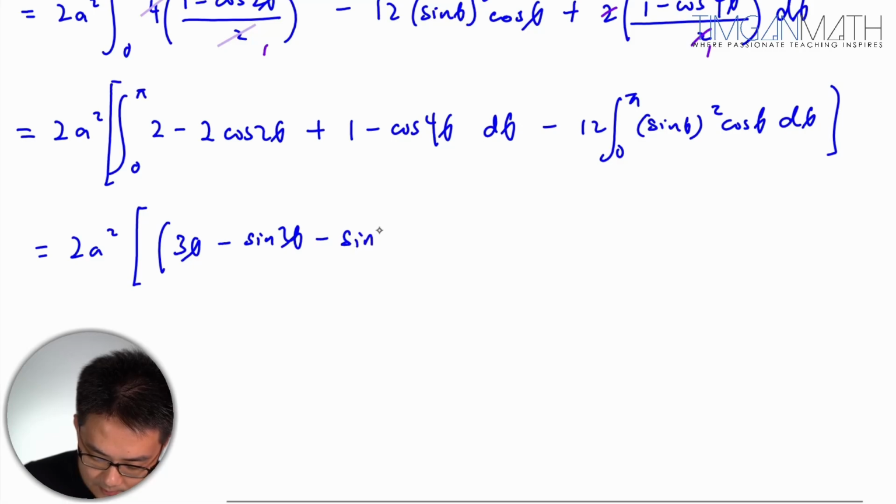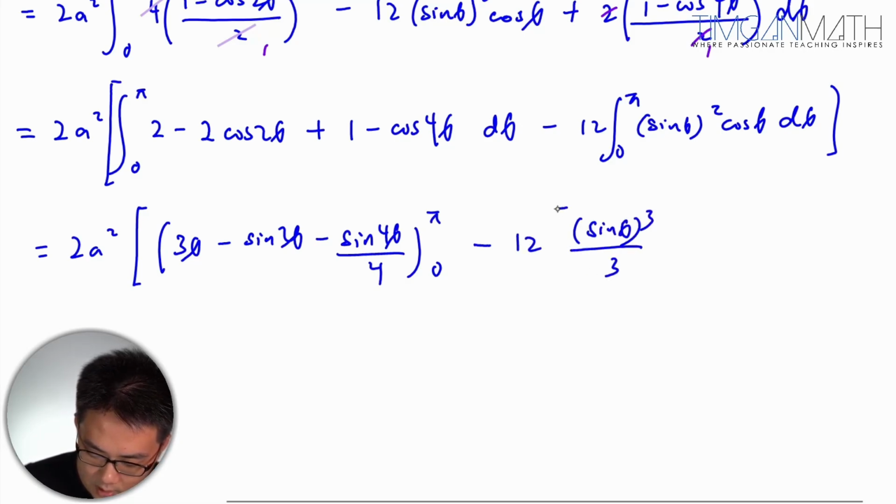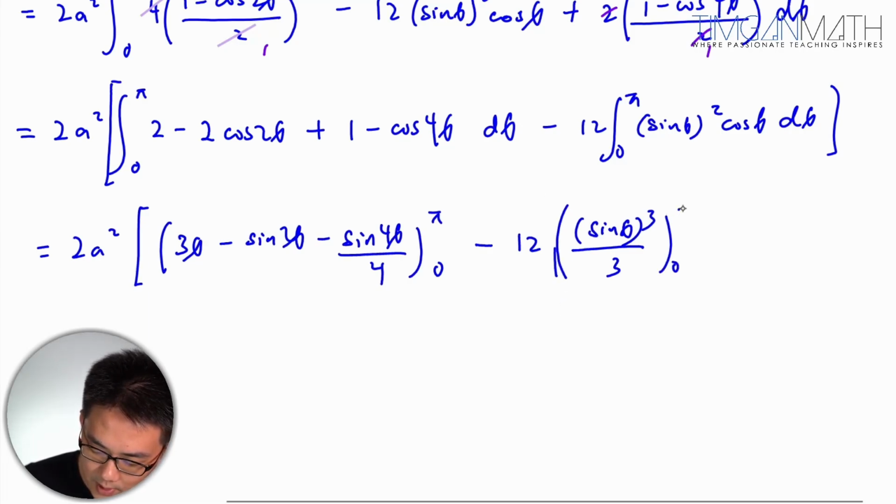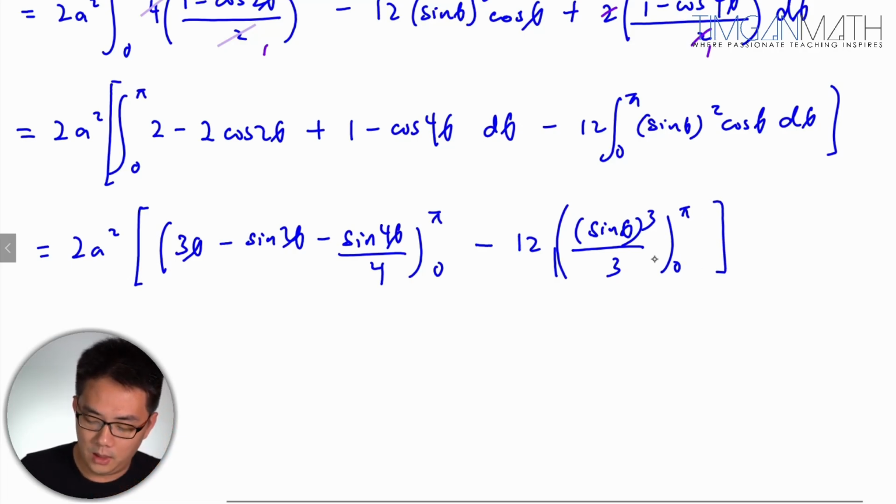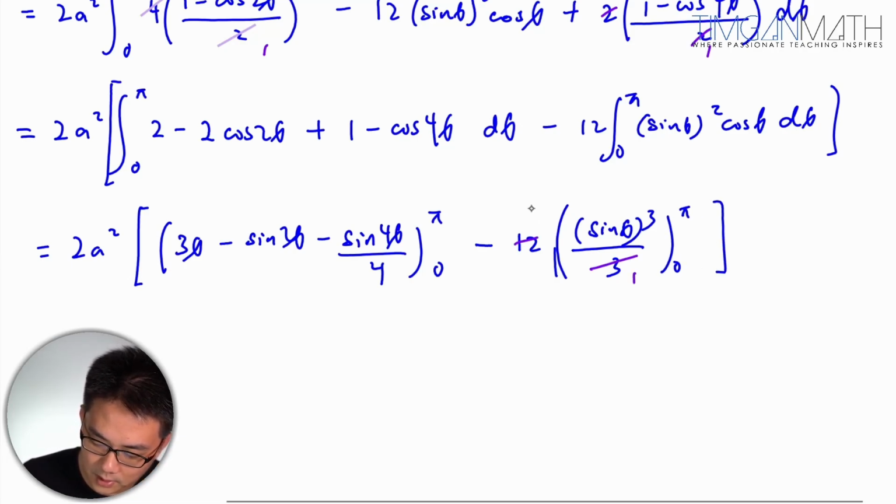Minus sine 4 theta over 4. This will be from 0 to pi. This will be 12, and this will be sine cubed theta over 3. There you go, so this one's done. We could use 0 to pi. So this could be cancelled away as well, and this will just be 4.